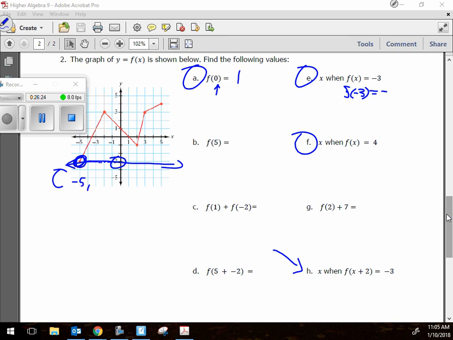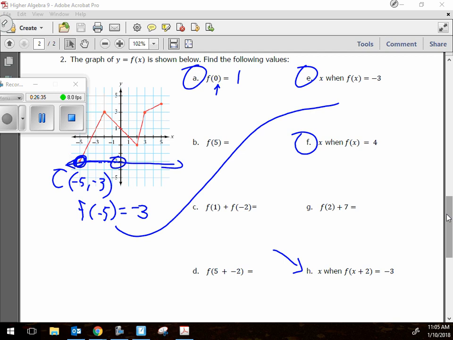Negative 5, comma, negative 3, and then f of negative 5 is negative 3, and I'm going to rewrite that over here. F of negative 5 is negative 3, and that should tell you that, oh, x has to be negative 5. The f's are the same, the negative 3's are the same, the equals are the same. The only thing is, oh, x must be the same as negative 5.